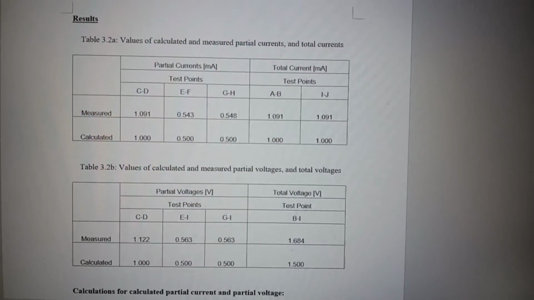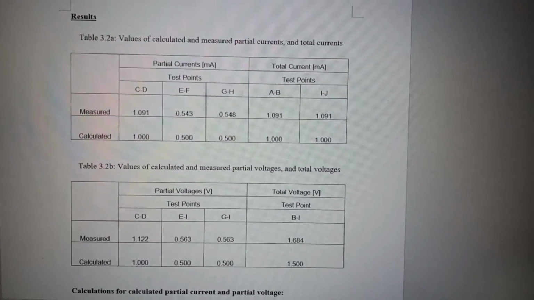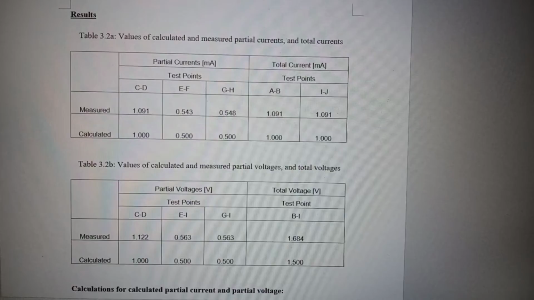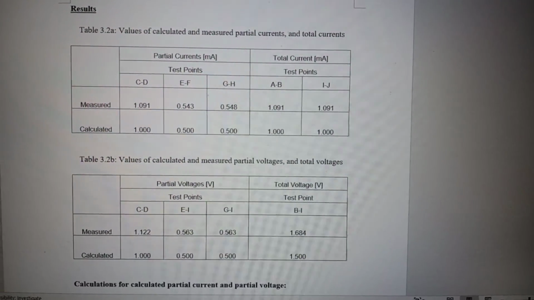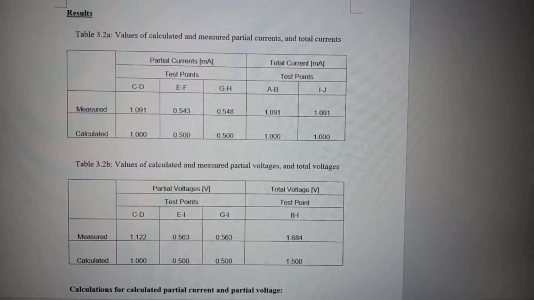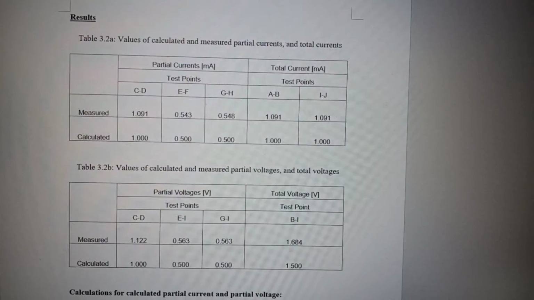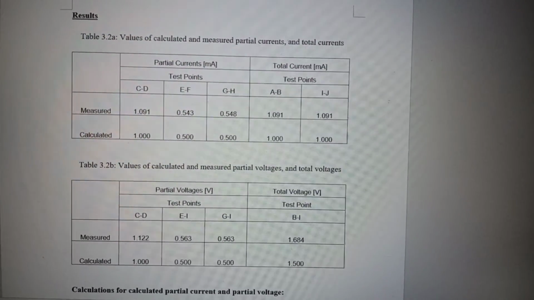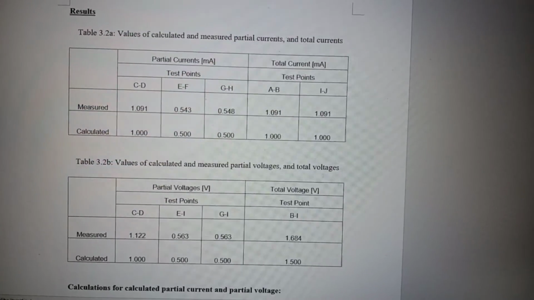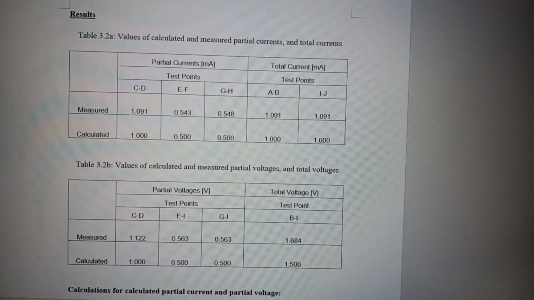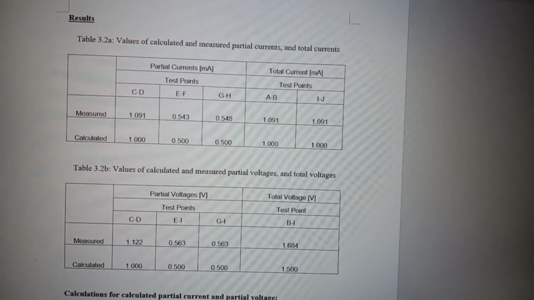For example, for the current table, the measured partial current at test point CD is 1.091 milliampere, while the calculated partial current at test point CD is 1 milliampere. There is a difference of 0.091 milliampere between the measured and calculated partial current.